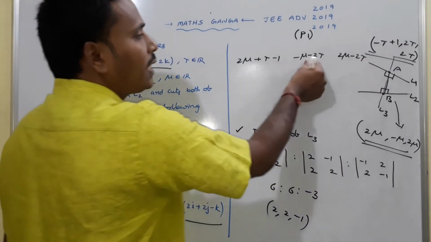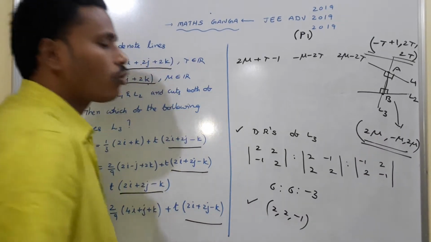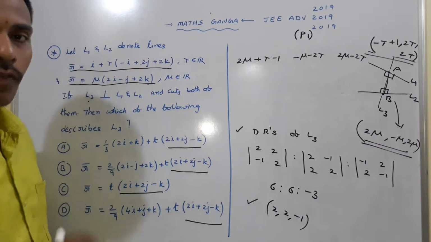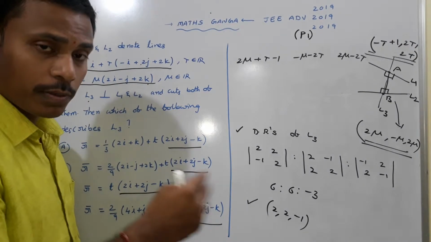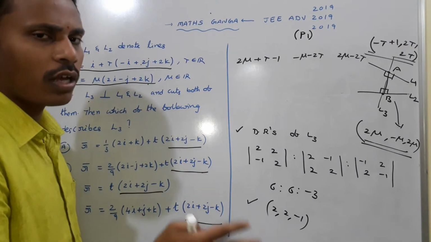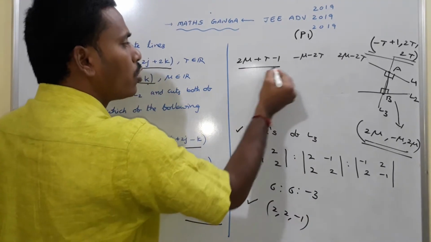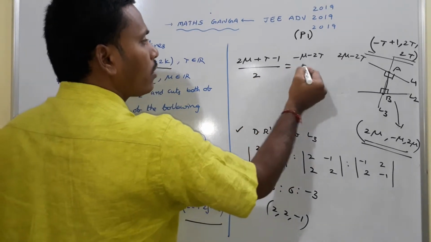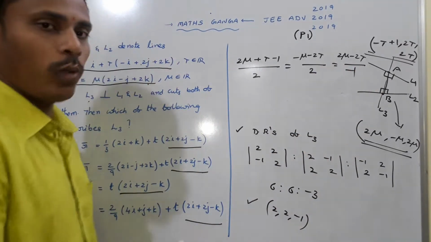So these are the DRs of L3 with respect to A and B. For a line, we can have different DRs and all those are in the same ratio. So these 3 values are in proportion with these 3 values: the first divided by 2 is equal to the second divided by 2 is equal to the third divided by minus 1.